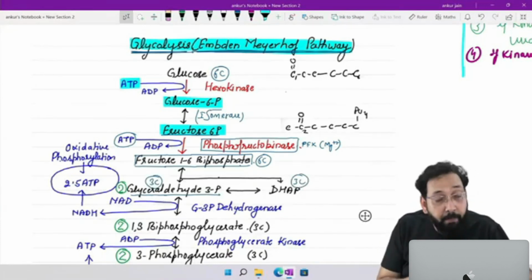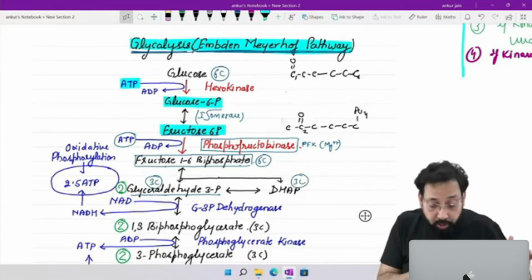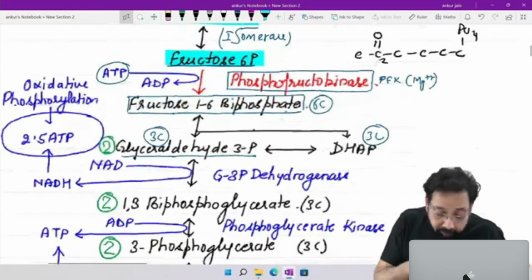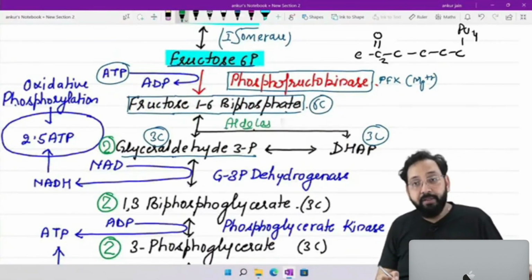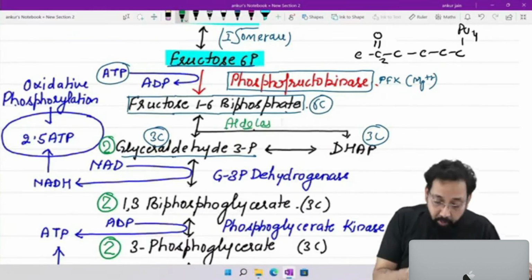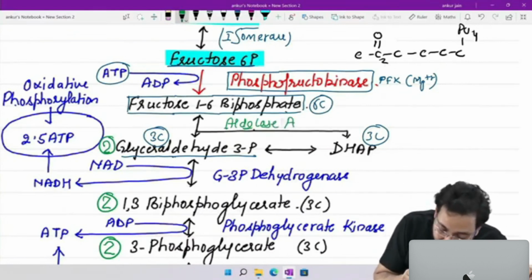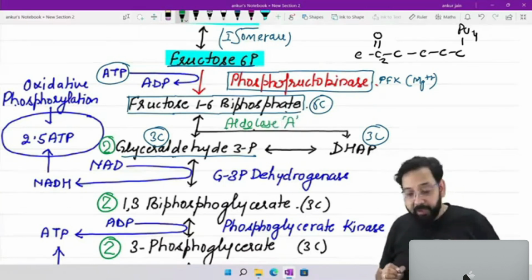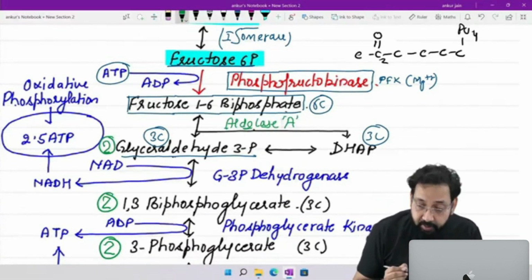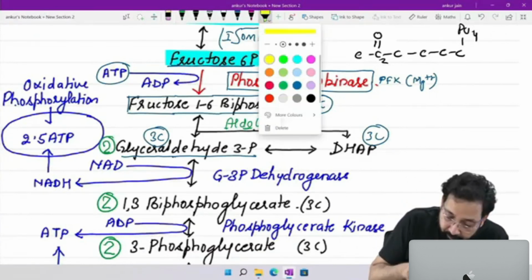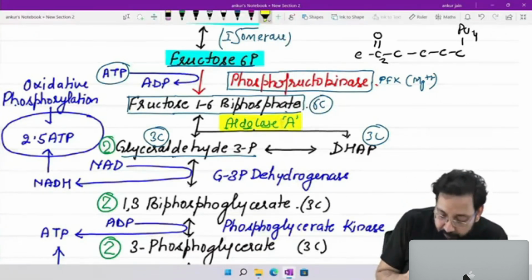It means one compound is converted to two. That's why the enzyme is named aldolase. Aldolase, in Hindi we say एक के दो. Sometimes we say simply aldolase, sometimes aldolase A. Clear?